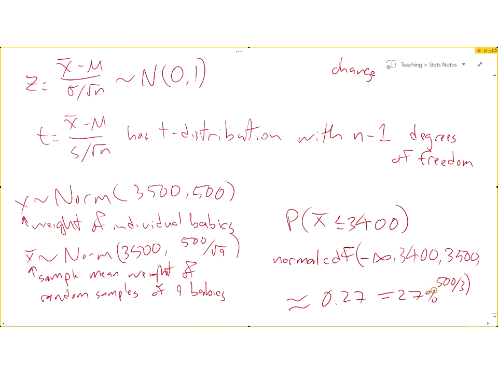What that means is 27% of all samples of size 9 will have a sample mean of 3,400 or less. So more than 1 in 4 samples have a sample mean that low. So that is not an unusually low mean birth weight for sample size 9. There is a question somewhat like that on the test.